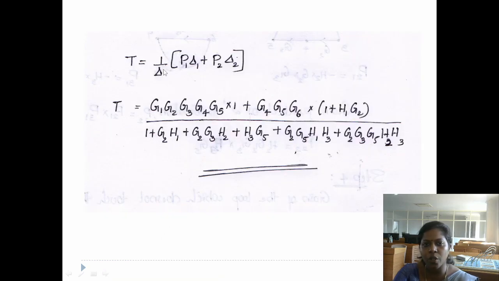Now substitute all these values in this formula of T is equal to 1 divided by delta times p1 del 1 plus p2 del 2. Then you will get the overall transfer function of the given signal flow graph.